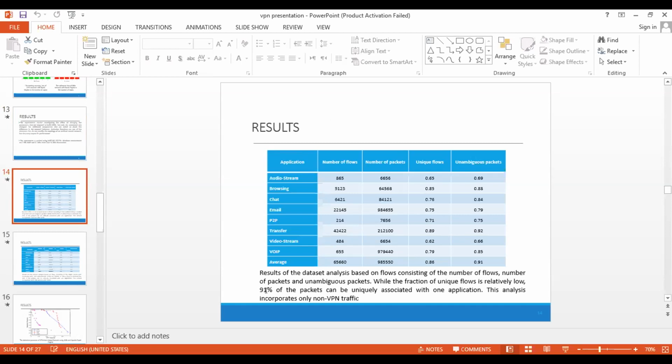Only 46% of the non-VPN flows in the dataset are unique and could therefore be classified as belonging to one application. All other flows are used by at least two applications. Only a few applications like YouTube or Spotify could be identified with high accuracy based on a given flow.